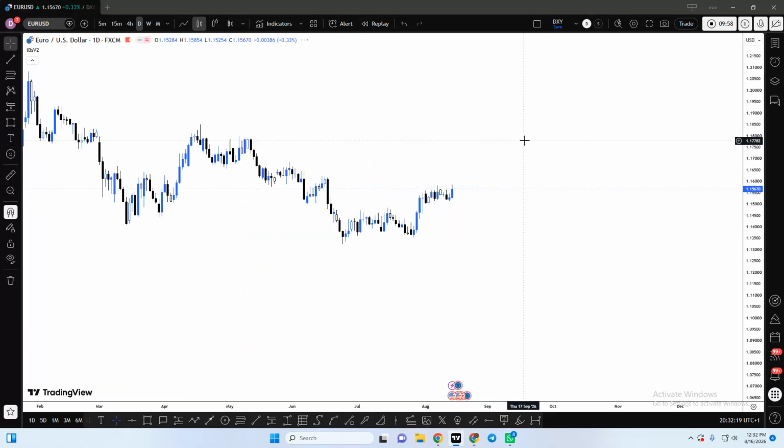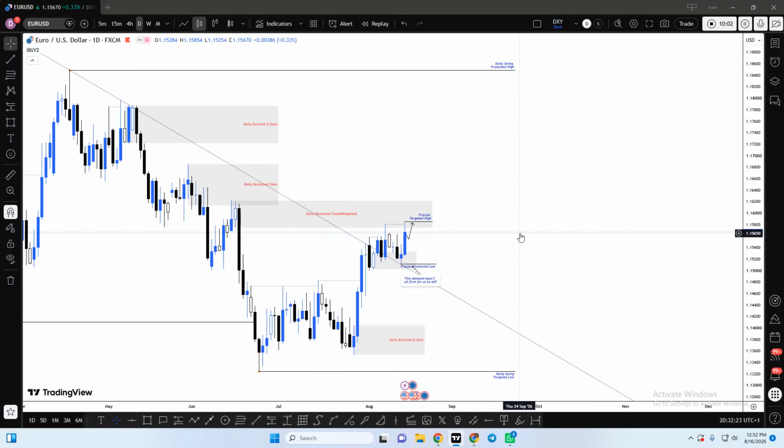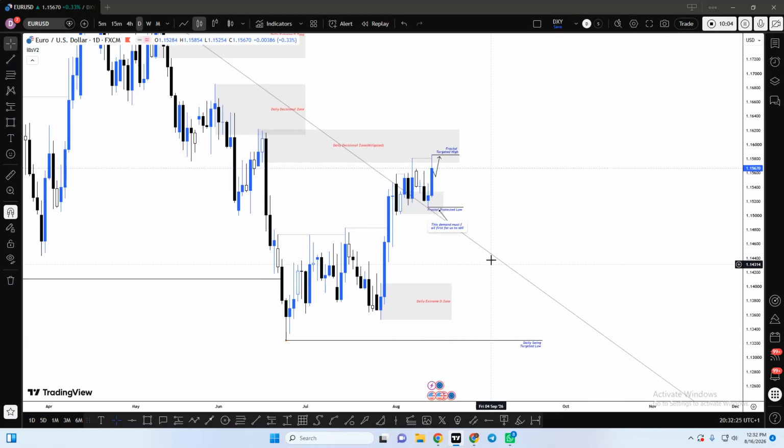If we move to the daily, you can see two things stand out. We do have that trend line. I remember last week I mentioned that for me to even consider short opportunities on EURUSD, this demand zone must fail.